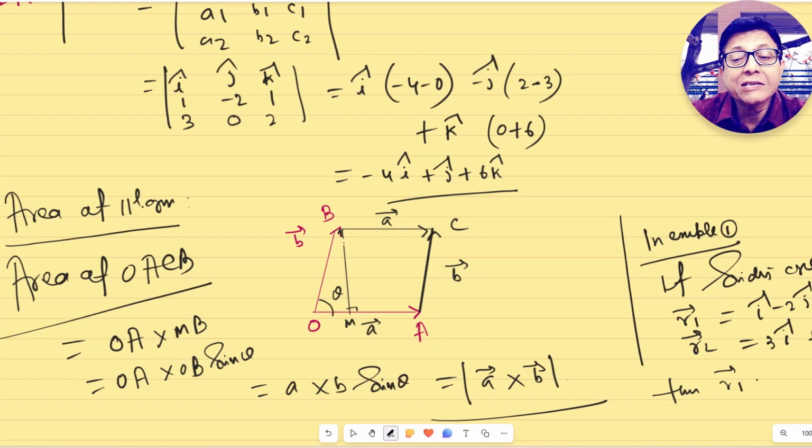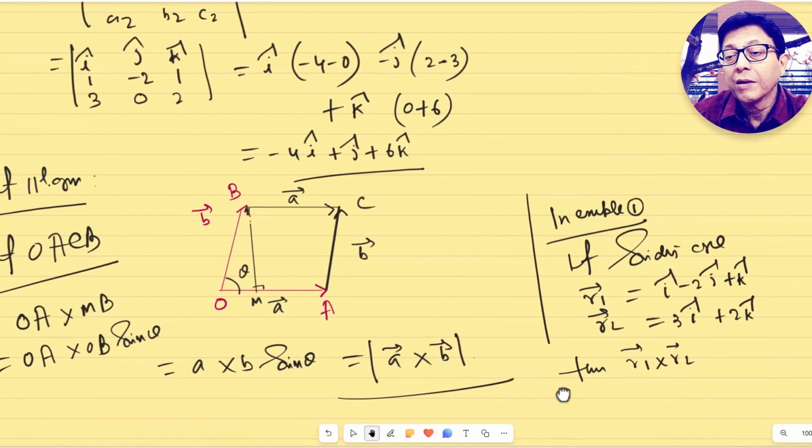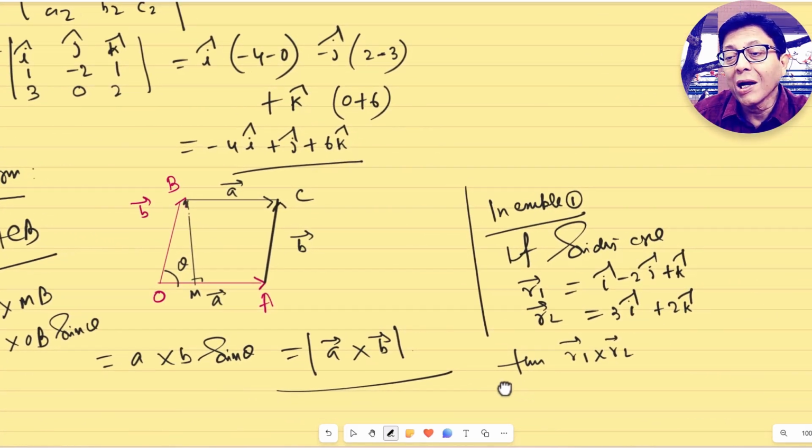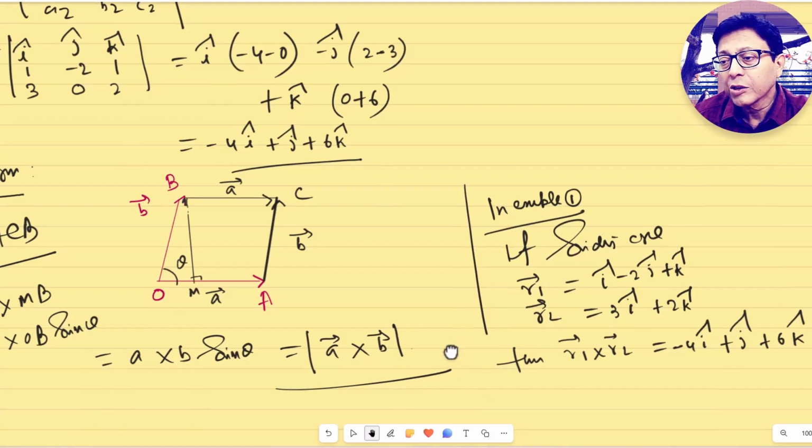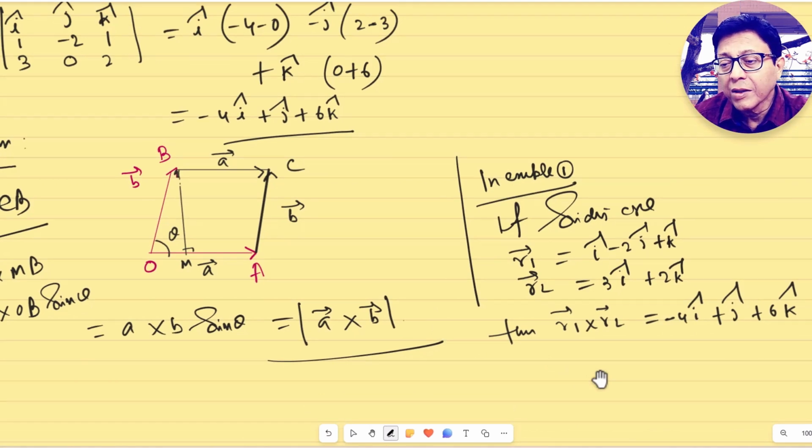In the previous example 1, if sides are given by R1 equal to I minus 2J plus K and R2 equal to 3I plus 2K, then R1 cross R2 you have found.